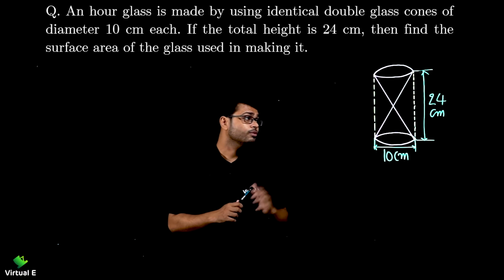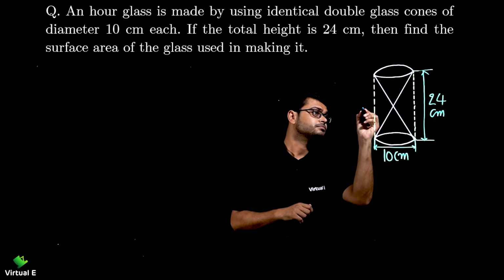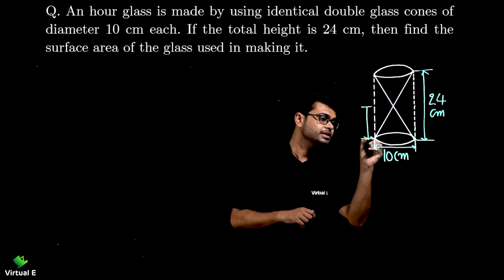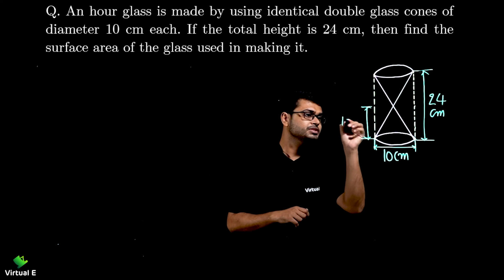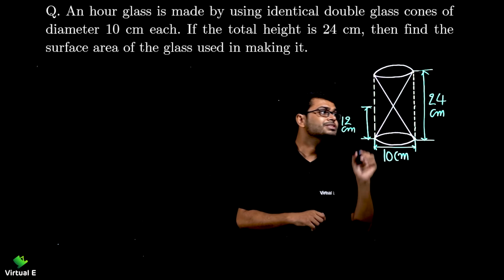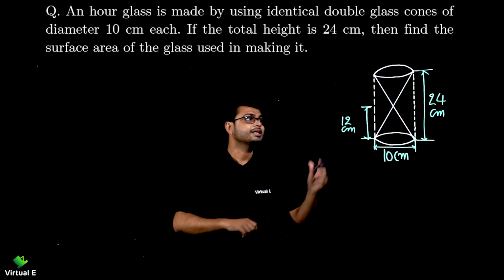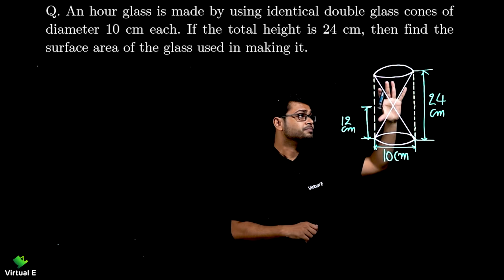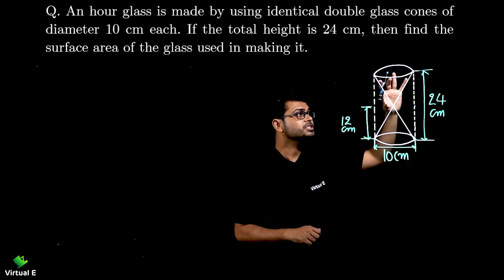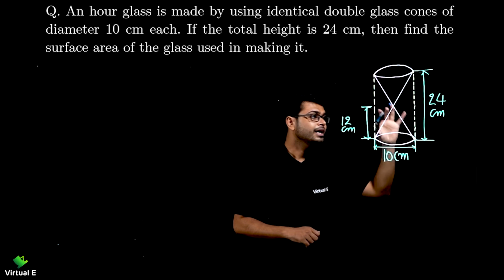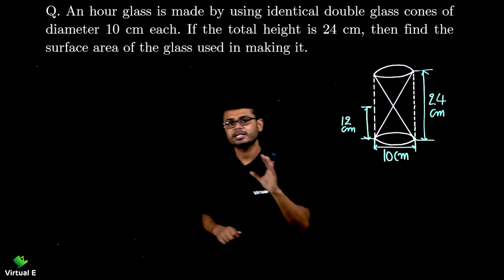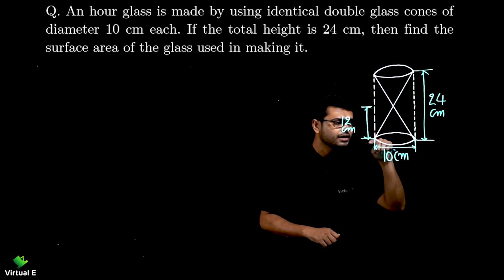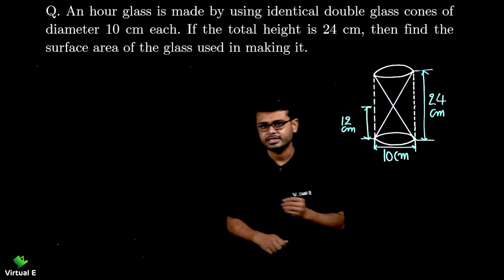So the height of only one cone, up to this, will be 12 centimeter. Why? Because it is mentioned in the question that they are identical, same in size. If the total is 24, this will be 12 centimeter height and the other will be 12 centimeter height.